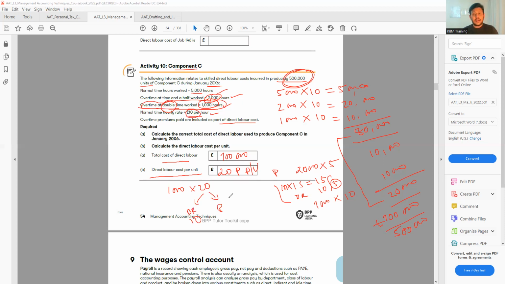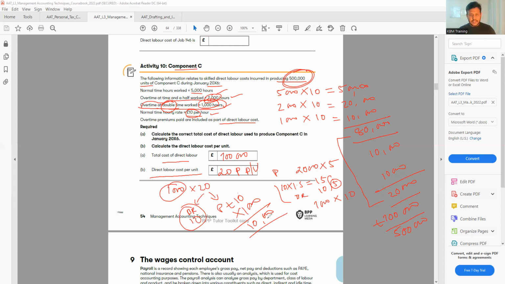For every hour I get 10 as a premium. The 10 basic I get anyway, it is fixed for me, but I'm getting 10 extra for the last 1,000 hours. So 10 times 1,000 gives me 10,000. Got it, Maria?